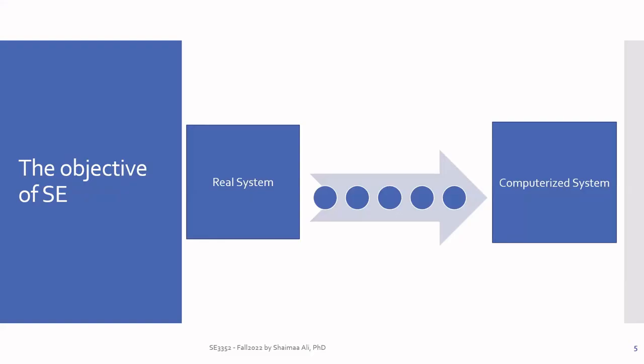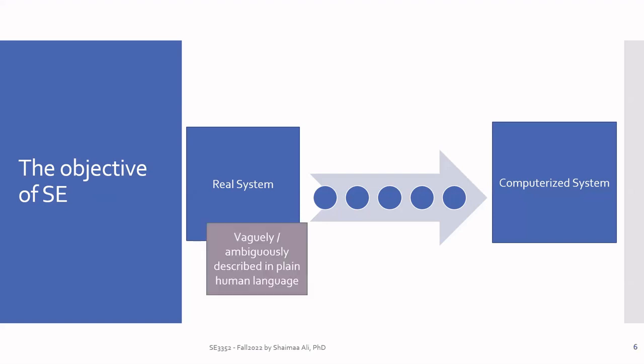Now, here's the generic situation that you will be working on. You will have a real system that you want to create a computerized system to help with. Now, the real problem that software engineers face, and it's a reason for the failure of most software projects, is that when you describe the real system that you want to create the computerized system for, you describe it in a human language, right?